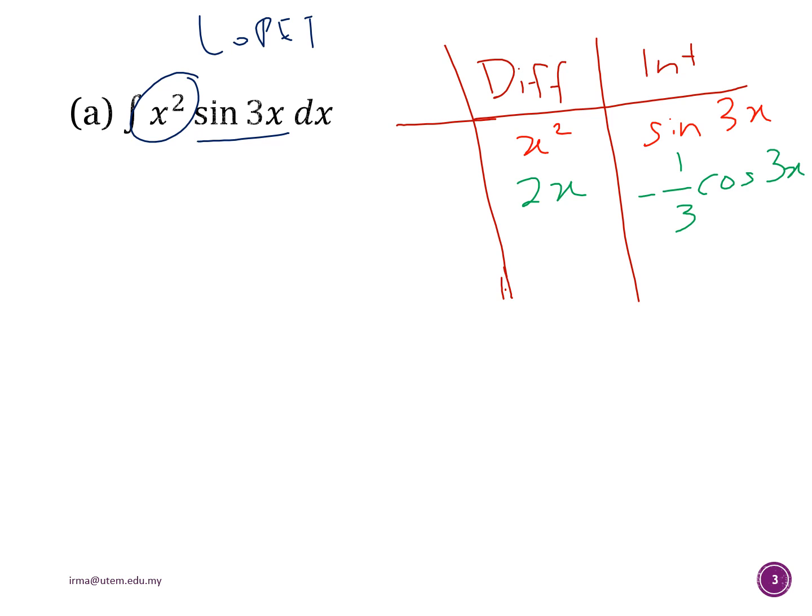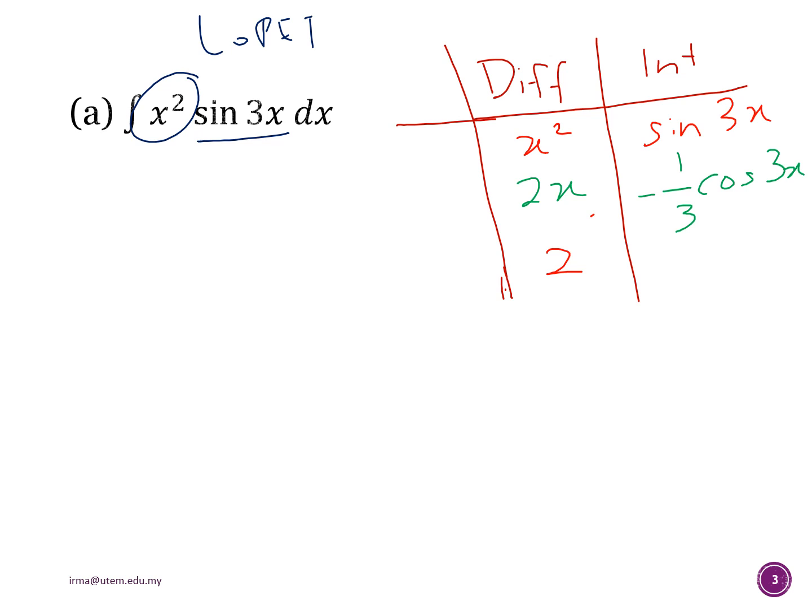You cannot stop here, you need to differentiate again. We have 2x just now, so differentiate 2x, you will get 2. And integrate negative 1 over 3 cos 3x.